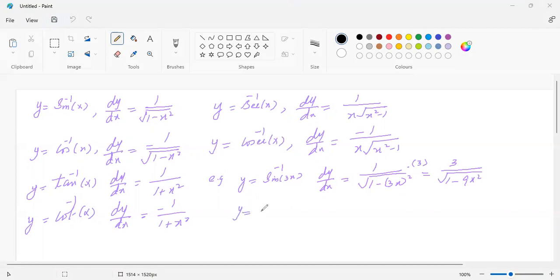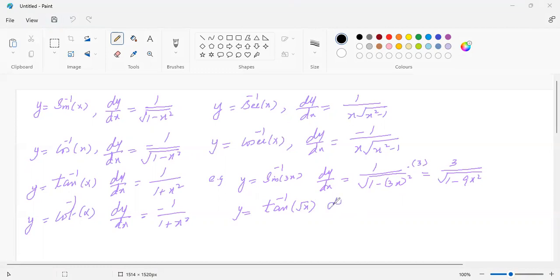Now come to another example. Let us write the tangent inverse of square root of x. If I write the square root, always write the derivative of the inner function with it.